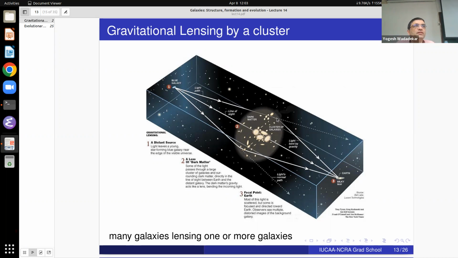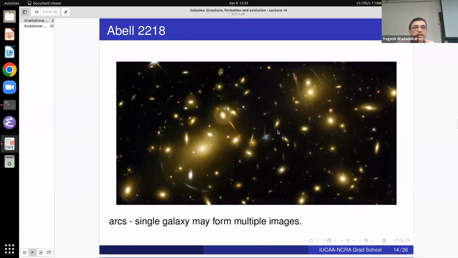The amount of bending depends on the mass distribution of matter along this direction. And so in this case, you can see lots and lots of arcs. Most of the galaxies here are part of that lensing cluster. And you see some arcs here, an arc here, even an arc here, and so on. So you can have 10, 15, 20 arclets in the image.